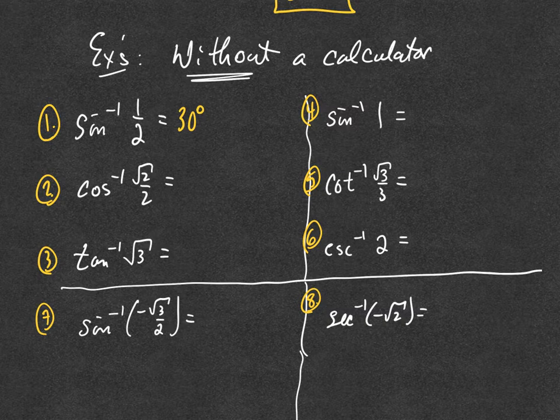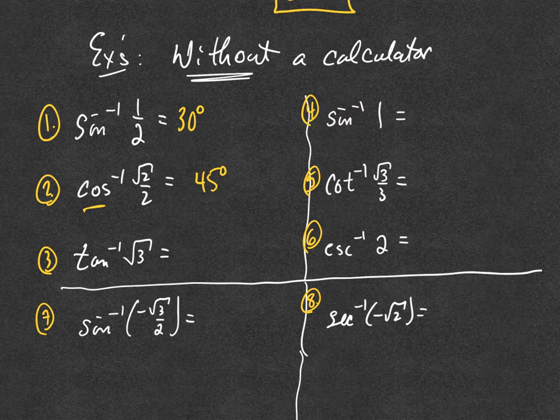Number 2, the inverse cosine of the square root of 2/2. Put it together with the phrase, and it becomes, find the angle whose cosine is the square root of 2/2. So again, you go to the table. This time you go under the cosine until you get to the square root of 2/2. When you get to the square root of 2/2, go across to the angle, and you'll find the angle is 45 degrees.